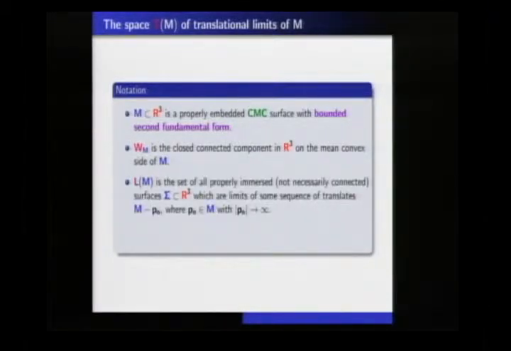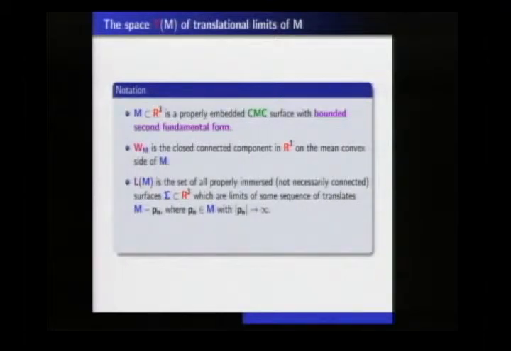Okay, and we're interested in taking limits. And we're going to see pictures in a second of surfaces, and we can understand what the limits are for some of these surfaces. In general, we're going to get limits with an infinite number of components.